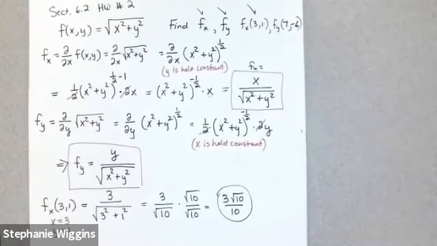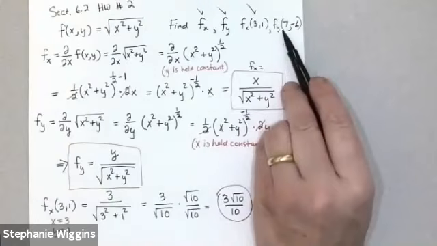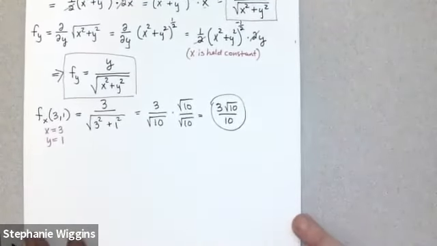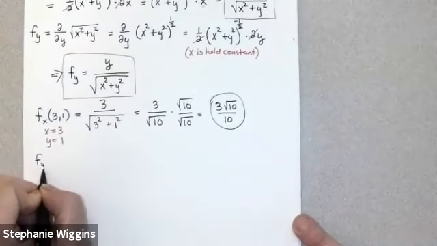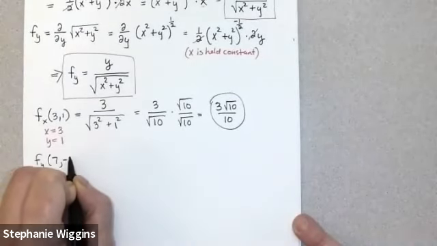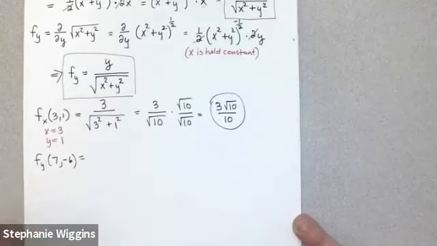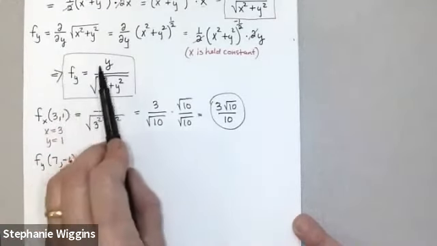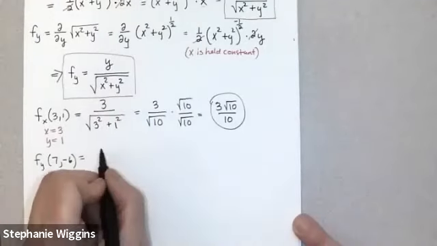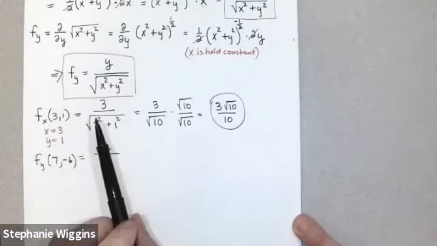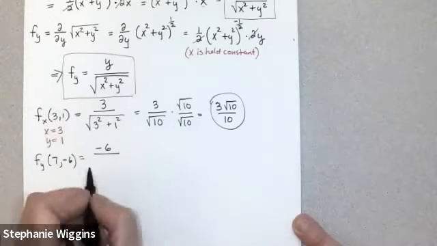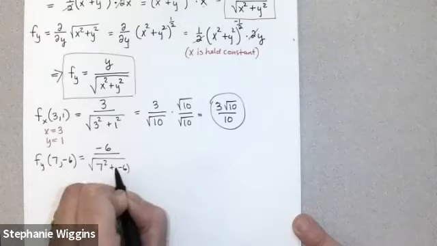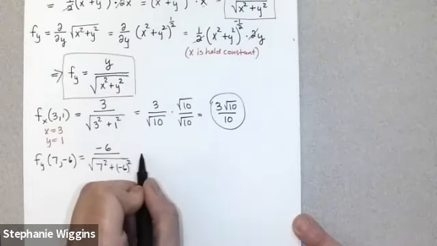And finally, we're going to evaluate Fy at 7, negative 6. So this time we're evaluating Fy. Fy is right here. So y is negative 6, and the 7 is the x, so that's going to be 7 squared plus negative 6 squared.